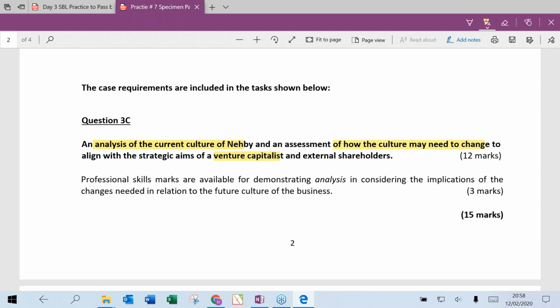So for the time being, just focus from here to here, okay? Ignore the second bit. So right now, we will focus on this bit only, from here to here, okay? An analysis of the current culture.